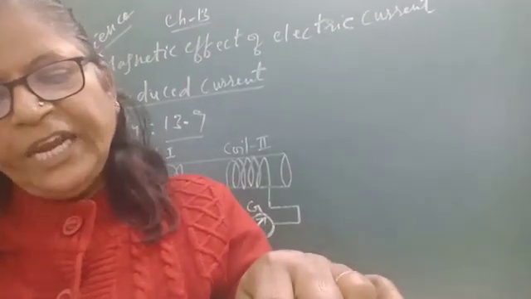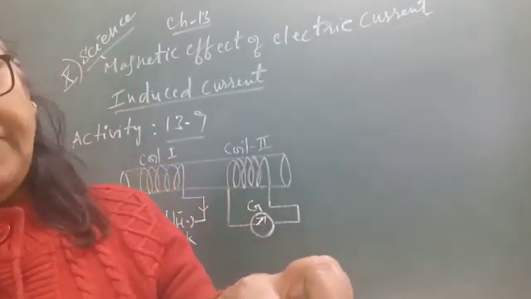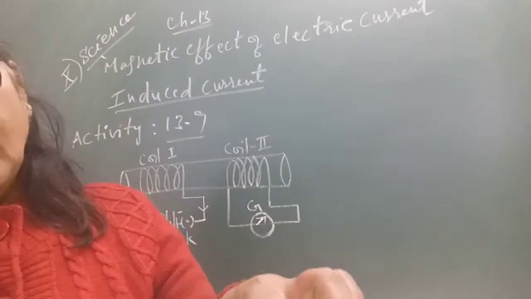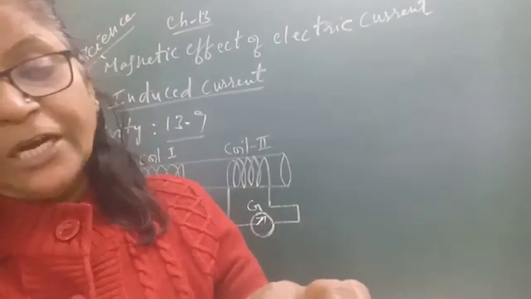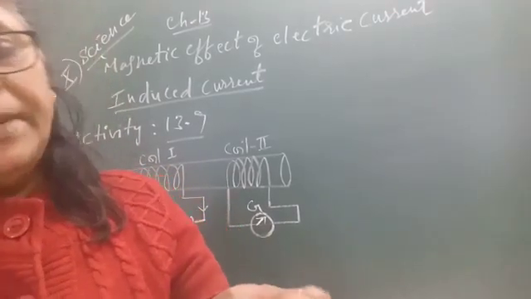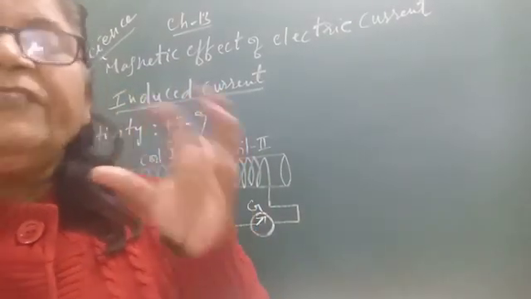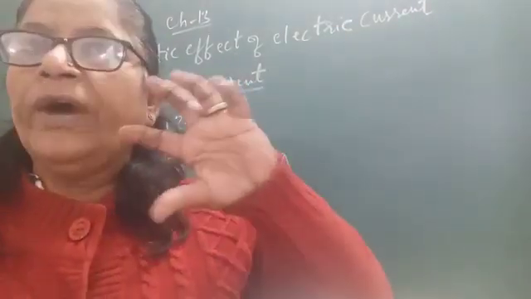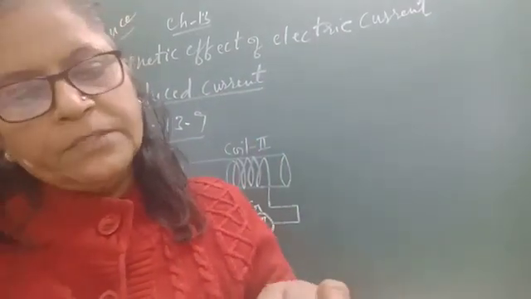in practice we can induce current in a coil either by moving it in a magnetic field or by changing the magnetic field around it. It is convenient in most situations to move the coil in the magnetic field between two strong magnets. If it is moved, then it becomes very easy.